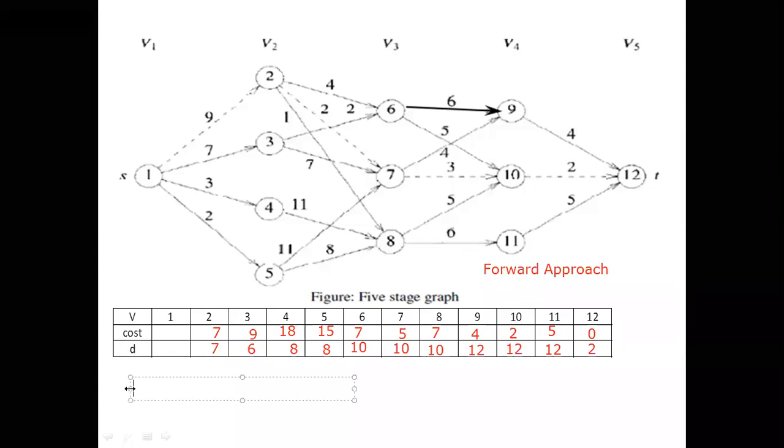Now, how to write that particular formula here? The formula we have to write as cost of. I will start from the last part because it will be good. I will start from here only. Cost of 1, 1. Why it is 1, 1? First stage is 1 and the vertex number is 1. That is why 1, 1 is equal to minimum of, which of the values?